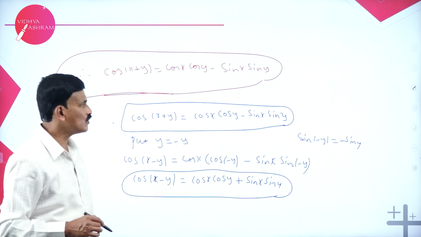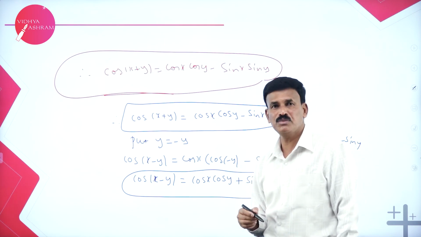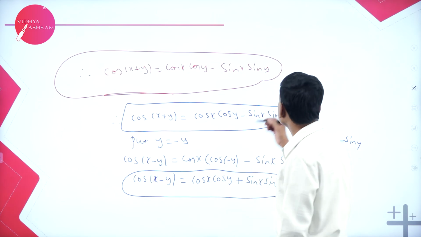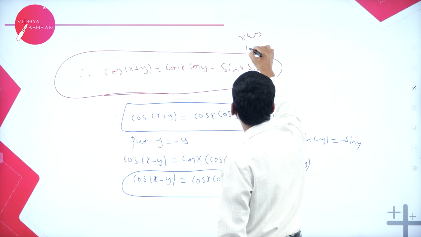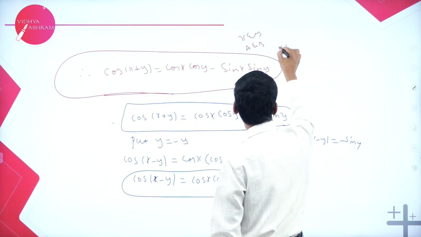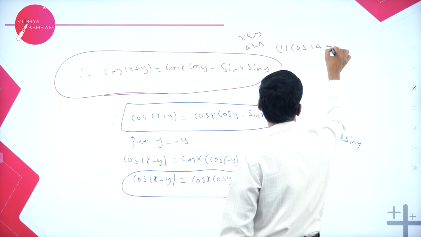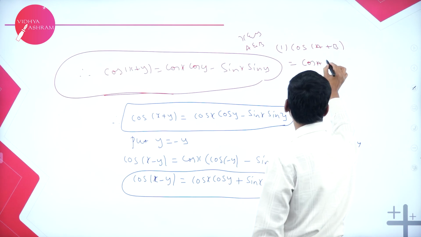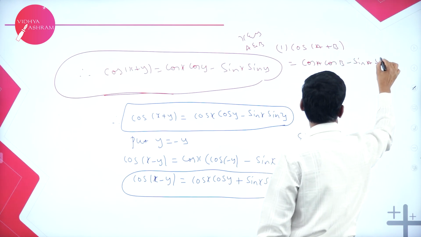In general, if x and y are replaced by a and b as the angles, then cos(a plus b) is equal to cos a cos b minus sin a sin b.